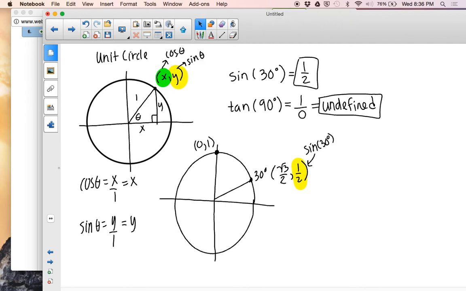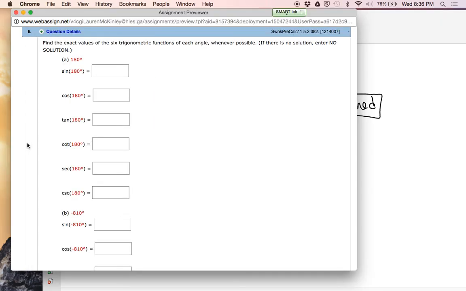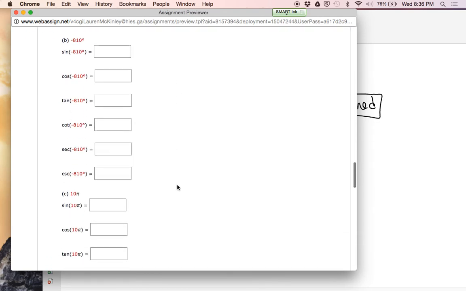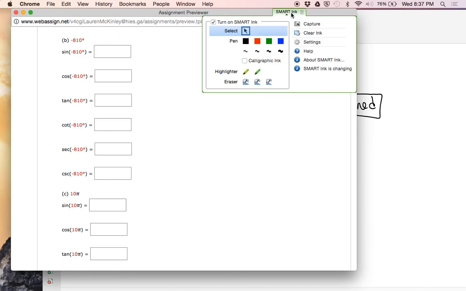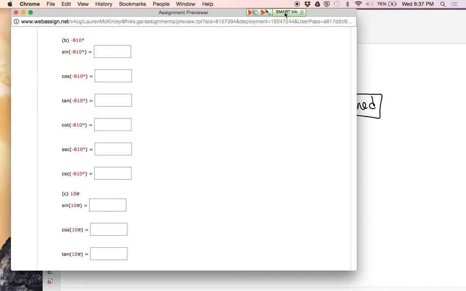So let's come over to your WebAssign again, and let's look at some of these last problems here. I'm going to skip down to part B where it says negative 810. Before I start, I'm going to add 360 as many times as I need to get a coterminal angle that's between 0 and 360, so I can know where it is on the unit circle.